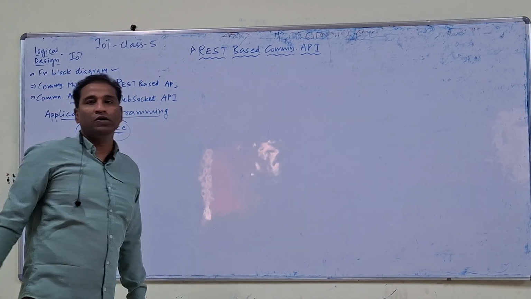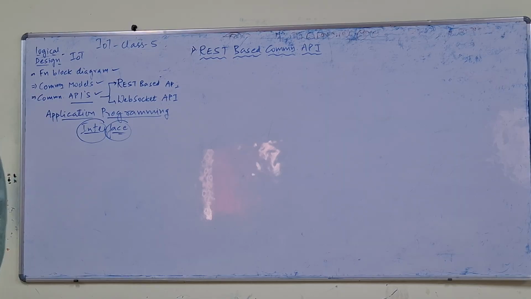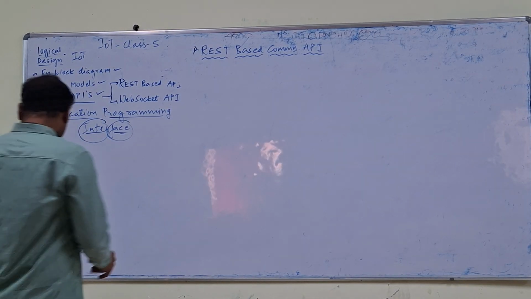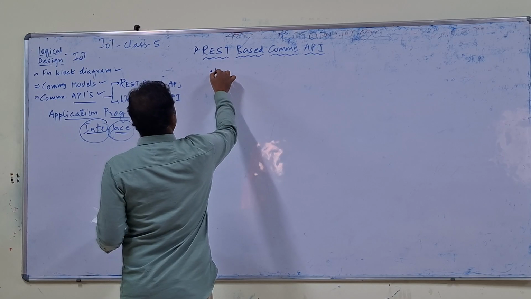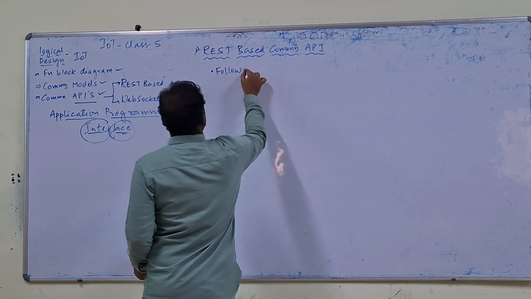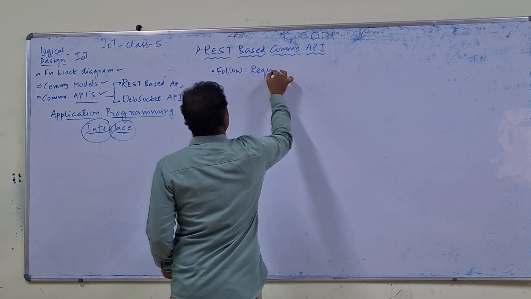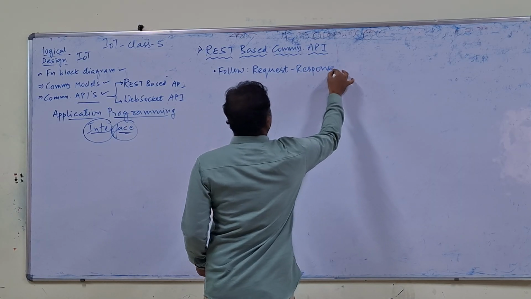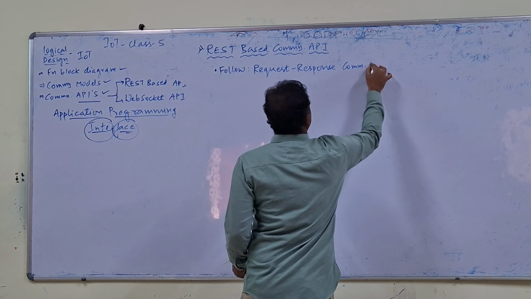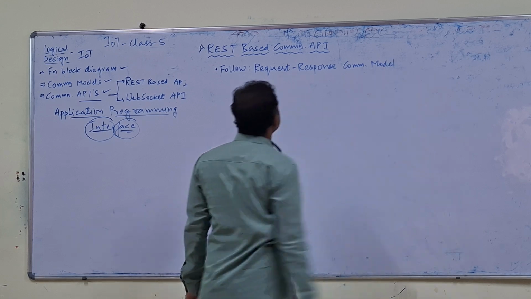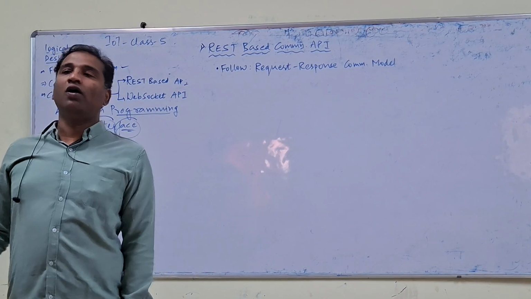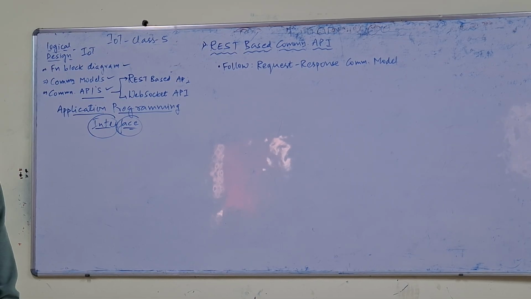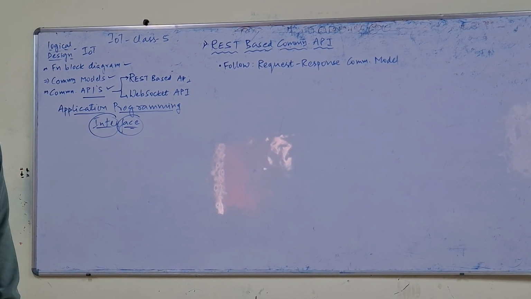As I said, they follow a communication model and they use a protocol. So here it follows the request-response communication model. All that you have studied about the request-response communication model comes here.